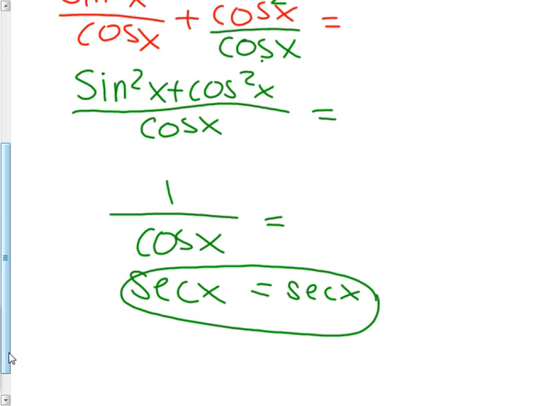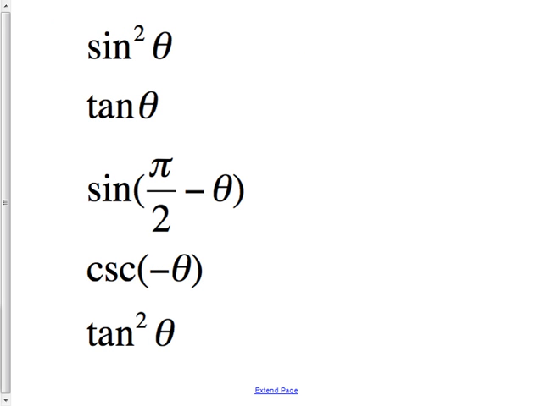Okay, the last thing before we pass out the homework is I have 5 of the identities up here, and I want you to see if you, without a note sheet, can find what these are equal to. For tangent, try to find 3 of them. This is for your practice, so don't cheat. Just try to see if you know them.